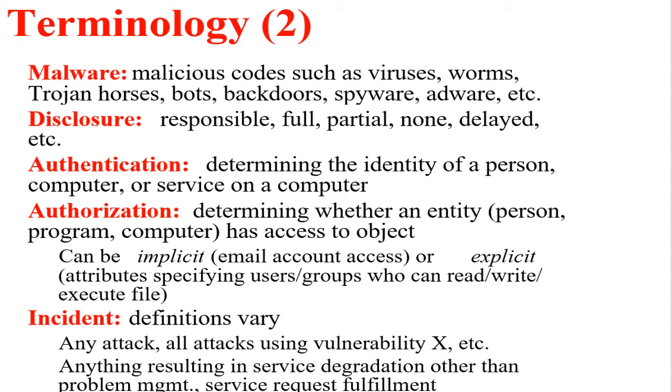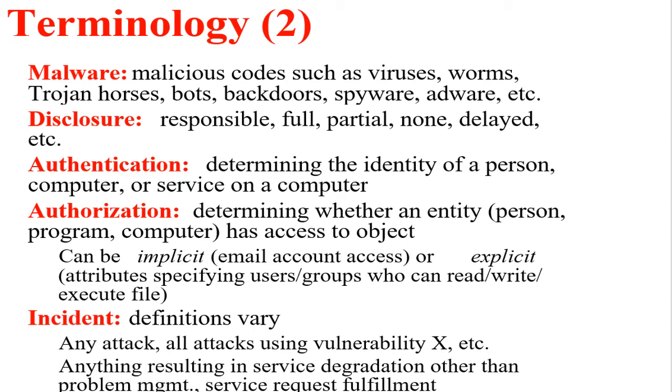Authorization. Authorization is simply determining whether an entity, that is a person, a program, or a computer, has access to an object. It can be implicit, which means an email account access, or explicit, that which is attributes specifying users or groups who can actually read, write, or execute a file.